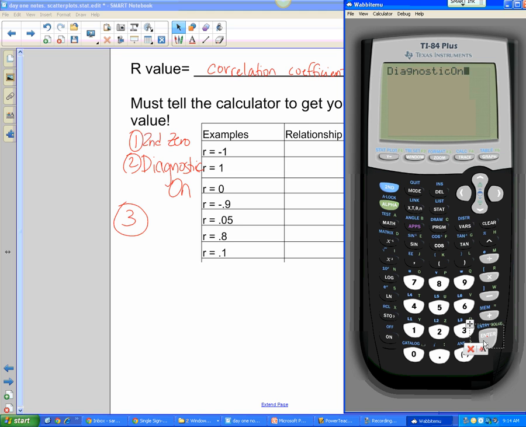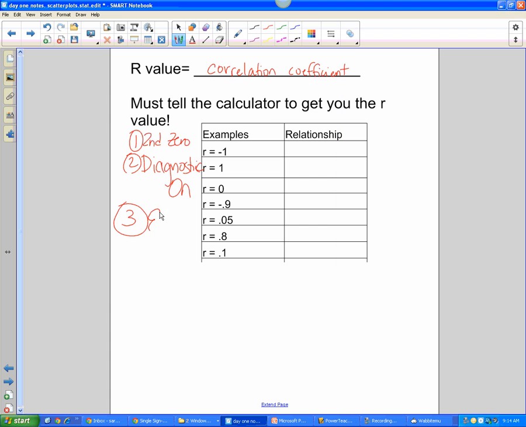Enter, enter. You press enter twice until it says done. Did you do it already? Okay. All right, so you press enter twice. So you do enter, enter, until it says done.